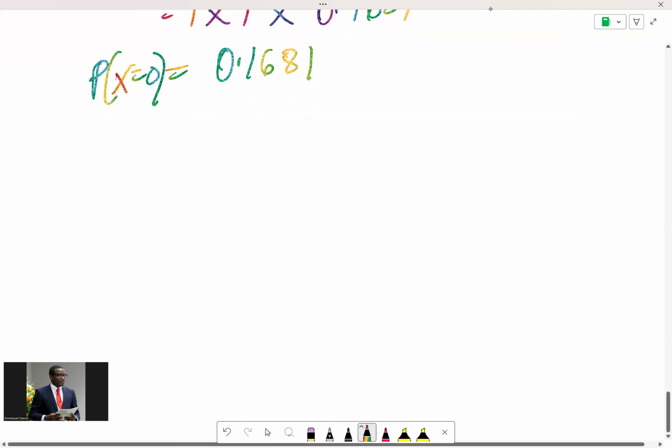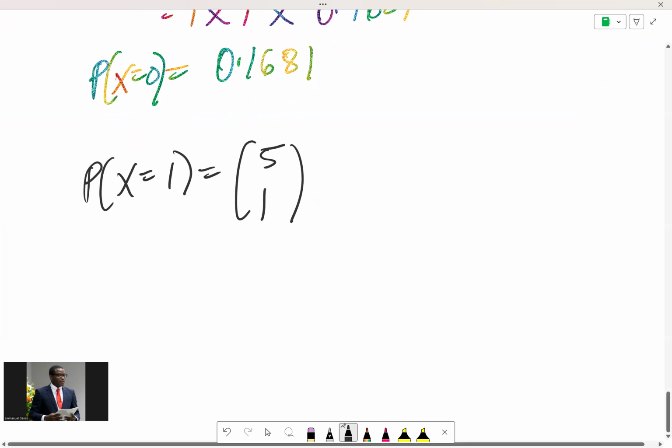Now we need the probability that x is equal to 1. That would be 5 combination 1, then p, which is 0.3, raised to power 1, then 0.7 raised to power 4.